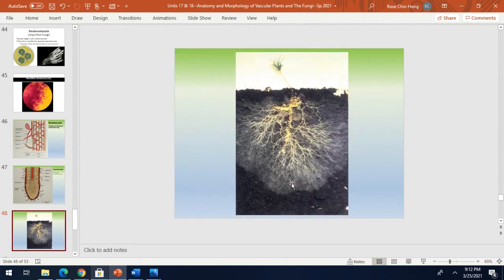And here what we see is the root of this sapling, how it has already established all this mycorrhizal relationship. All the other white fine hairs in this area are the fungal hyphal growth.